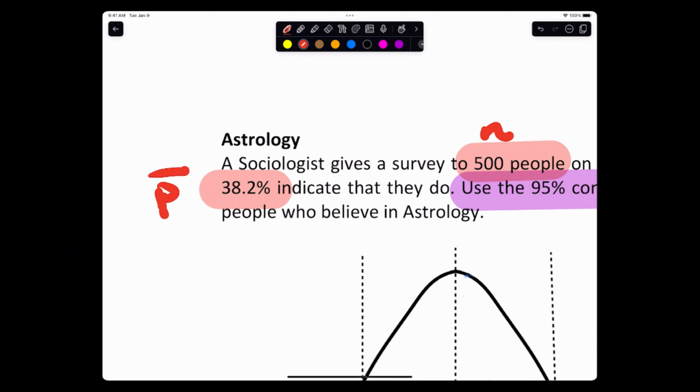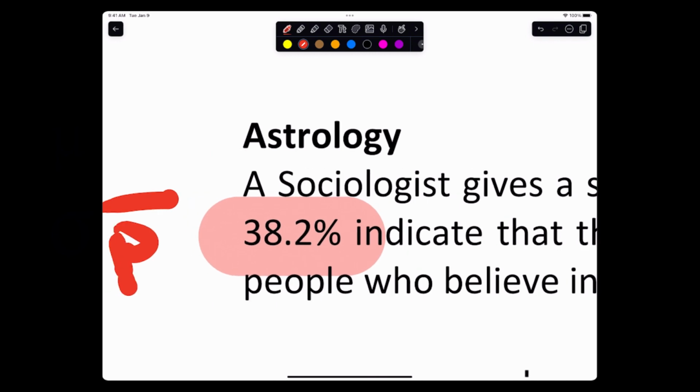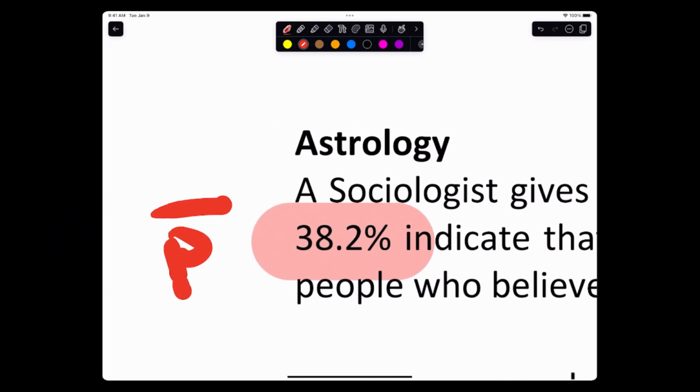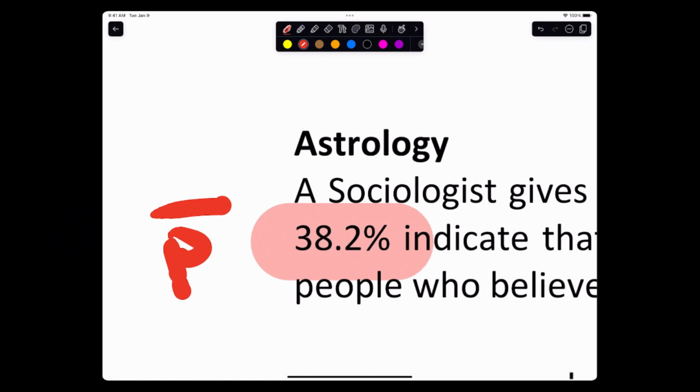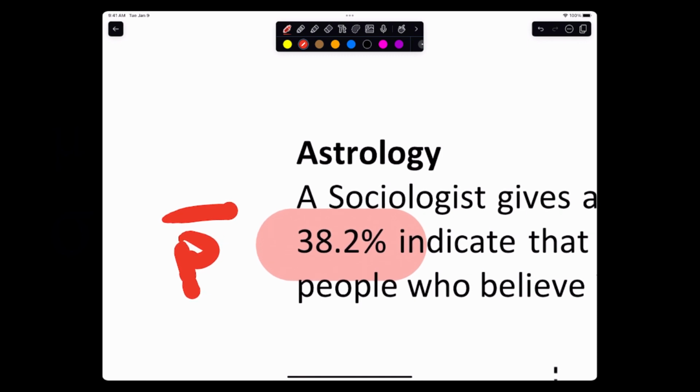You know how you can tell it's a sample proportion? It has a percentage symbol, so you can't miss it. If it didn't, it's X. I just saved you guys' life.